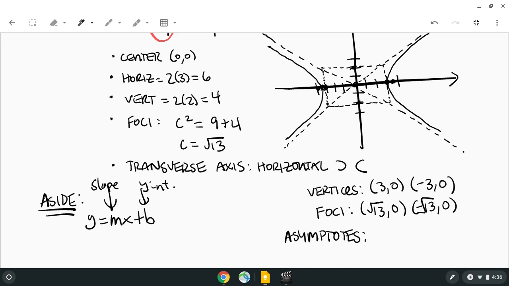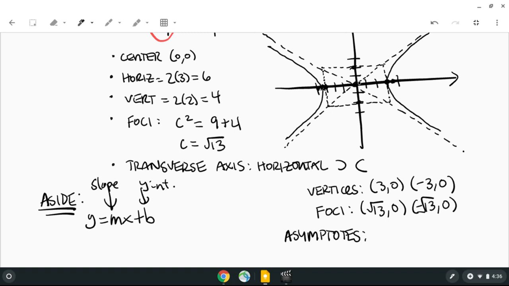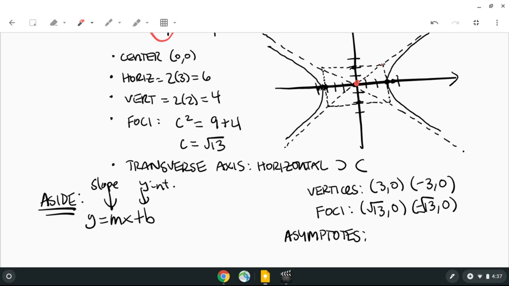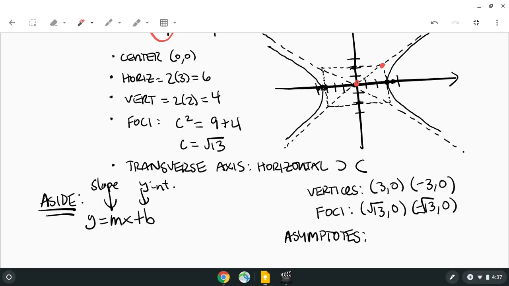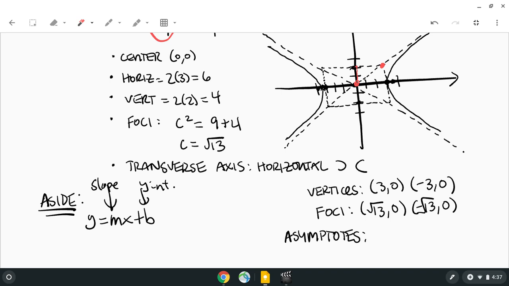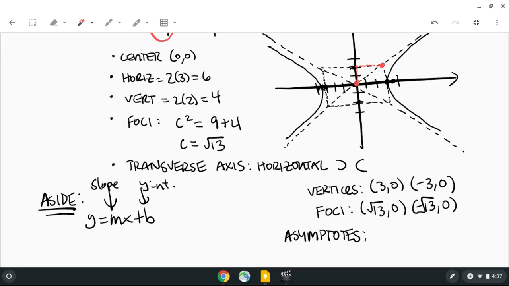So this positive line, we see that the y-intercept is 0, so b is 0. And the slope is the rise and the run between 2 points. So I'm going to use this point and this point. When I do my rise and run, I rise 2 and I run 3. So that's my slope.